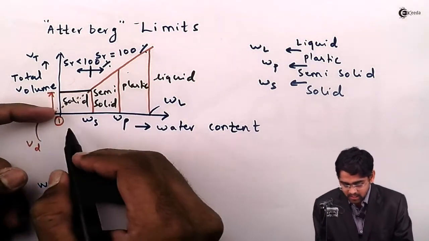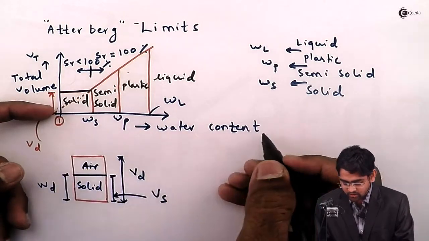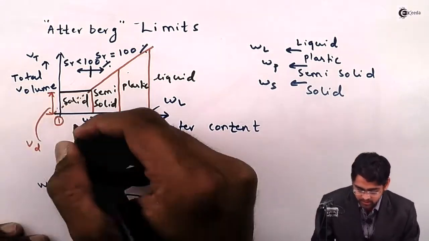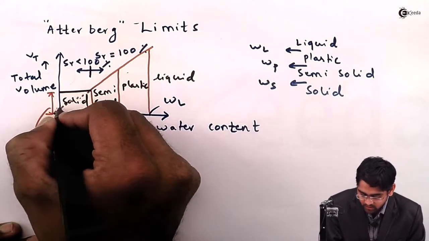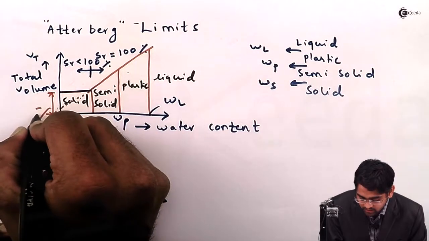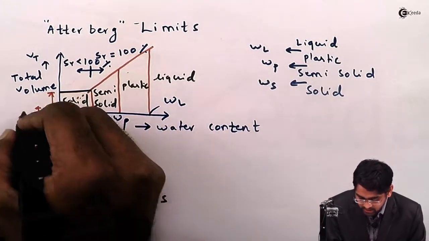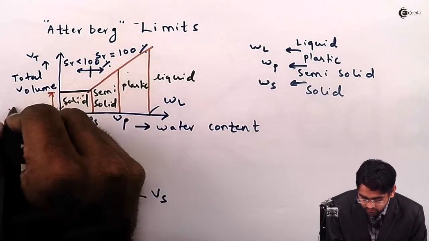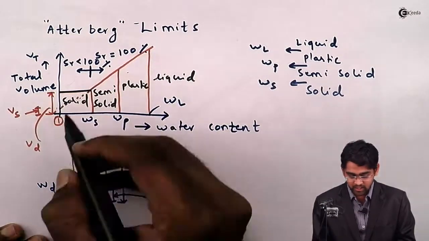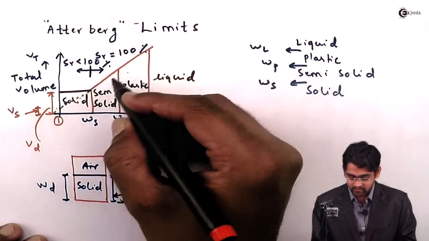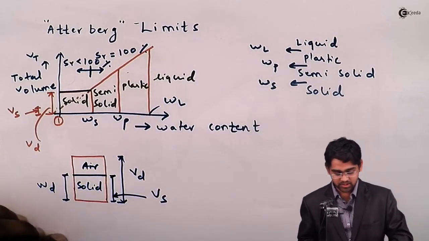That means at a 0 water content, when this line is extended back, we get a vertical ordinate. That vertical ordinate indicates the volume of soil solid, that is VS, which is very important, and probably that's what we left out from our previous discussions.